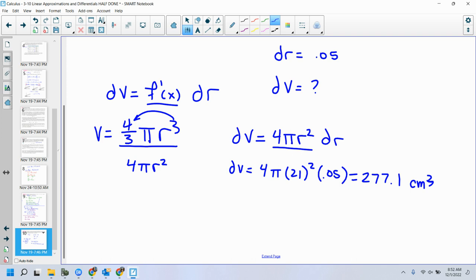Or do I need to go back and remeasure my radius or get more precise with the measurement so that the precision of my volume comes out a little bit better? How precise do you need to be with your radius? It depends on the precision of your volume. If you need to be more precise with your volume, you need to be way more precise with your radius.